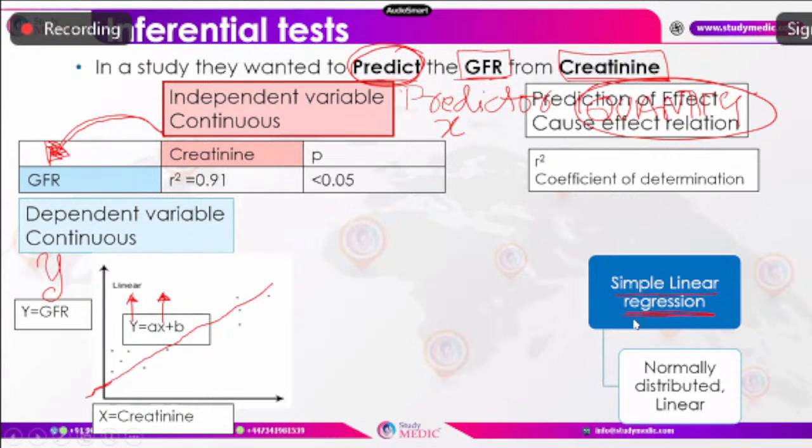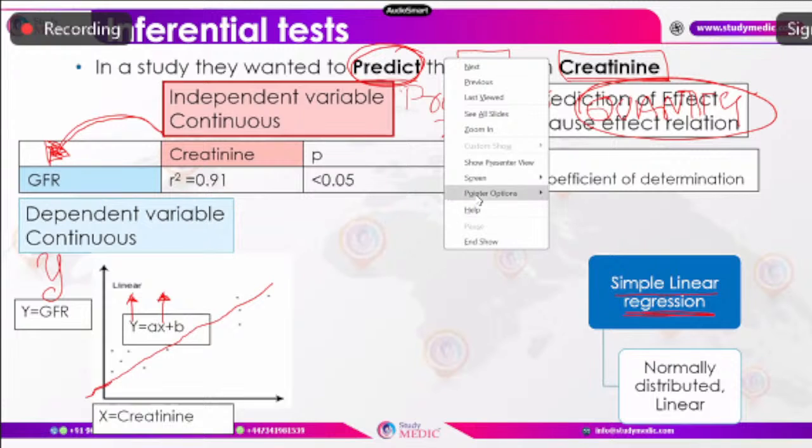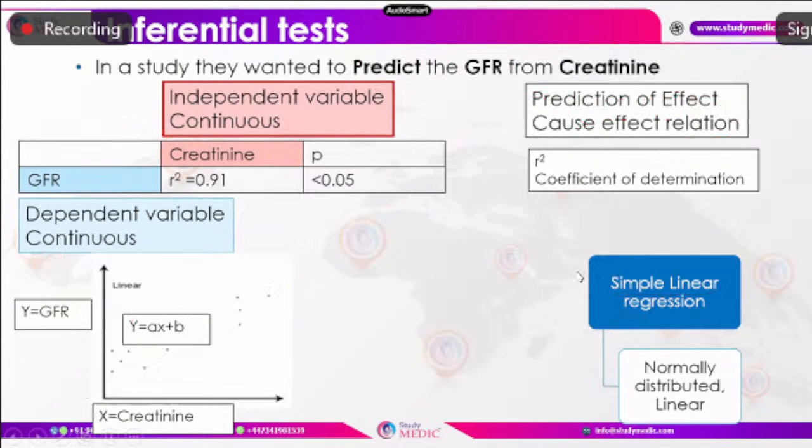Here, as we can see, we get a value called the R square value. Similar to the R value in Pearson's or Spearman correlation, which is called the correlation coefficient, here we get the R square value. What is it? It is the coefficient of determination. So what exactly does it determine? It determines the effect.